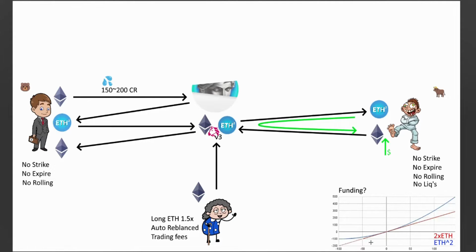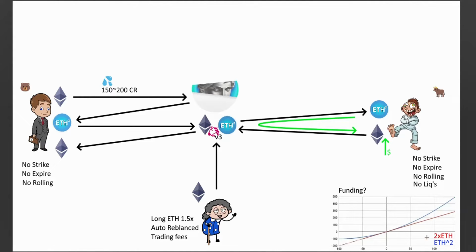If you are 2x ETH, if you just use your ETH to borrow some USDC and buy some more ETH, right? Then you're 2x ETH per se. Then the price of ETH is linear. As the price grows linearly, your profit grows linearly, but so do your losses. If you lose money, your losses grow linearly as well.